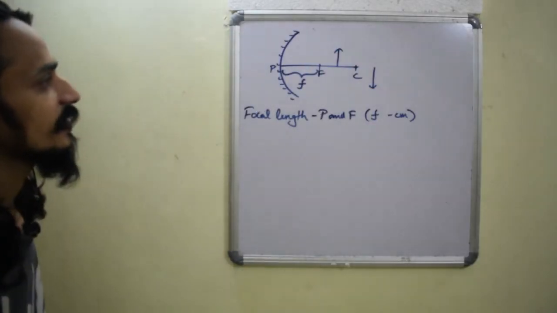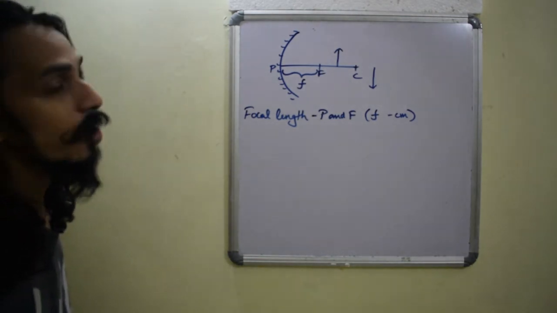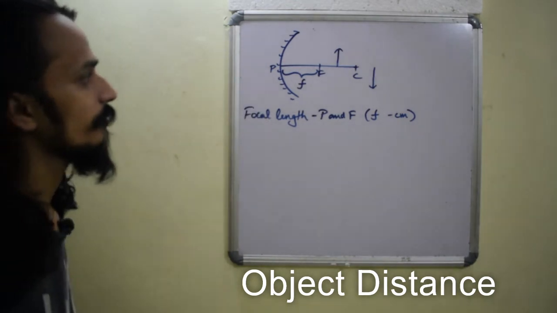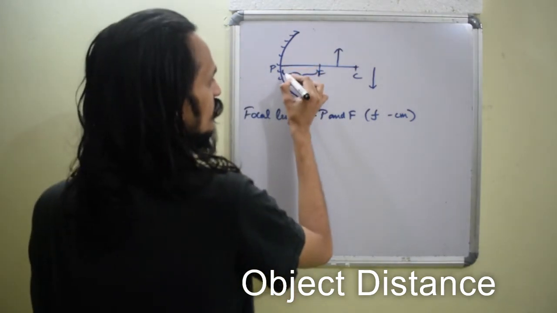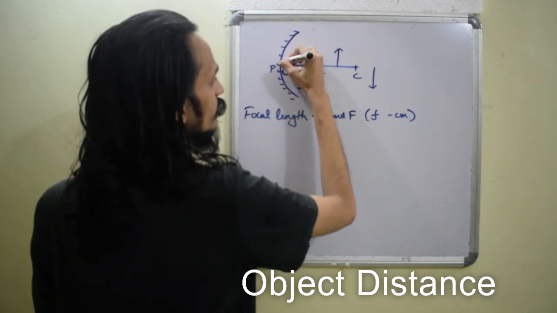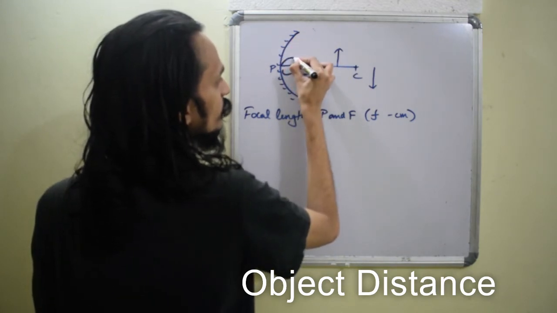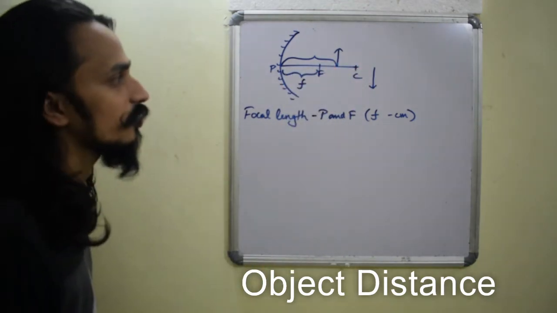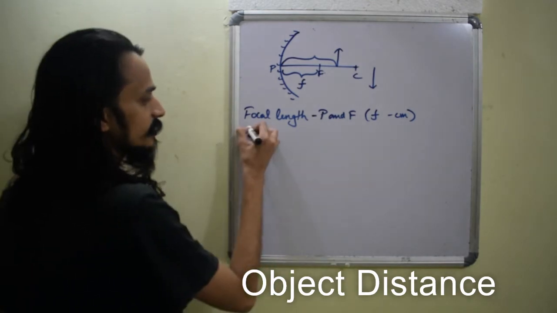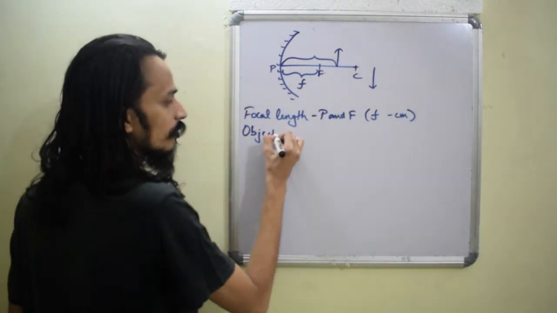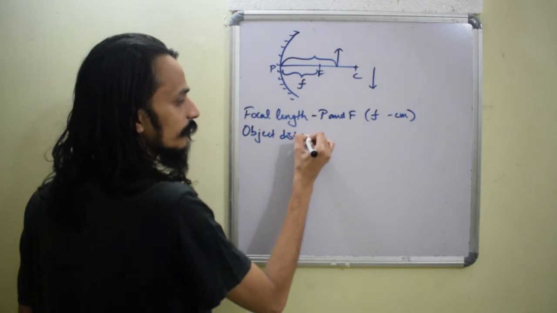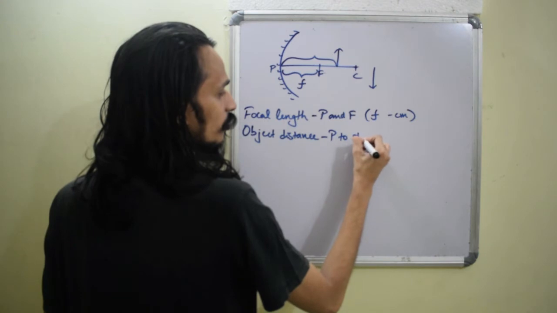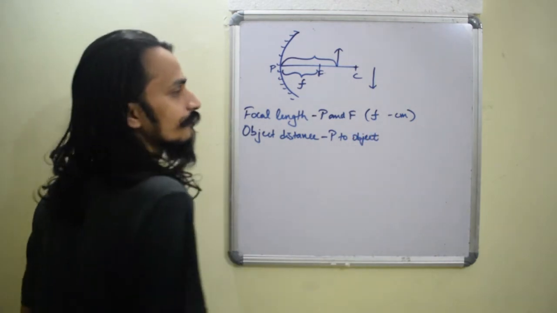The second thing I need to keep in mind is object distance. Basically, how far is the object from the pole. If I start from the pole all the way till the object, this whole distance is what I am going to call object distance, that is, from P to the object.